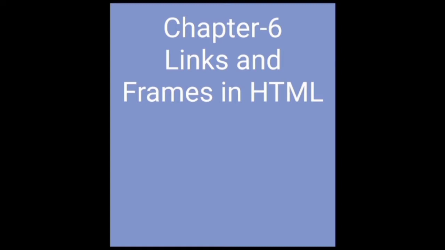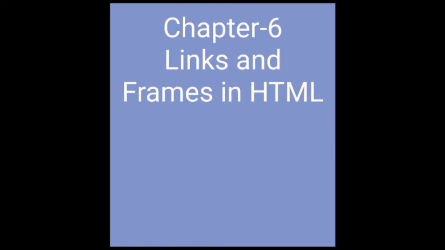Now, what is a hyperlink? A hyperlink is an underlined text or image which, when clicked, leads to another location, and that location can be on the same web page or a different one.